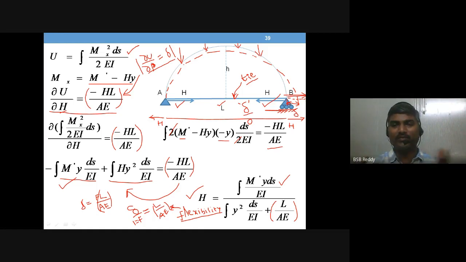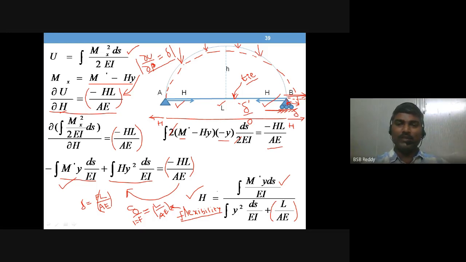If you are asked to define a tie: in arches, a member provided at the springing points level, tying between A and B. That means a member provided to tie the springing points. That is a tie member in a two hinged arch, and that is named a tied arch.